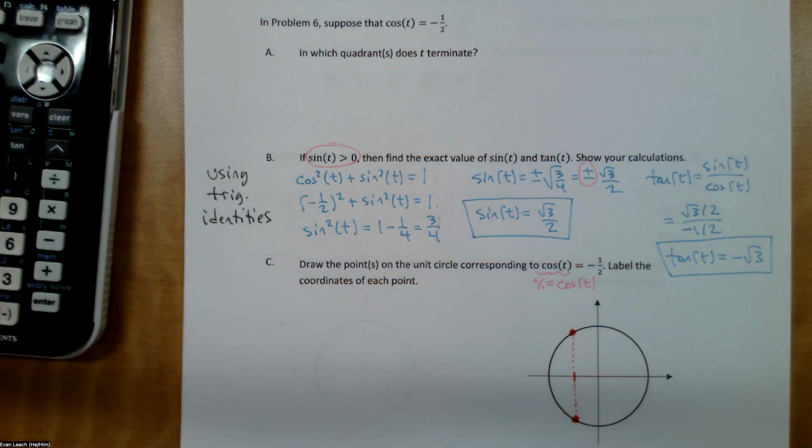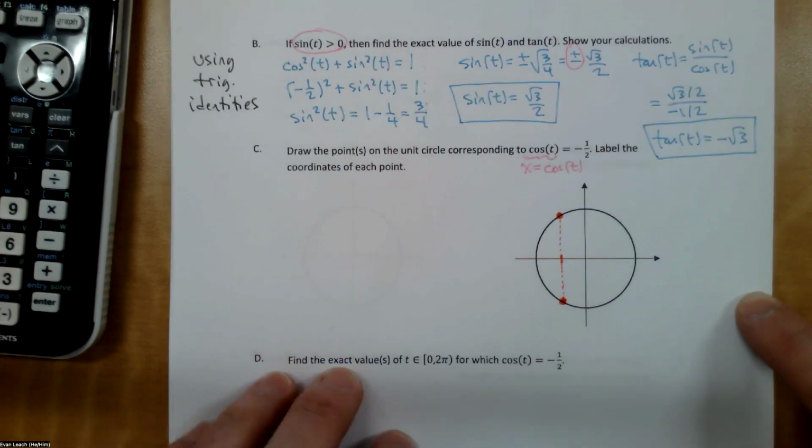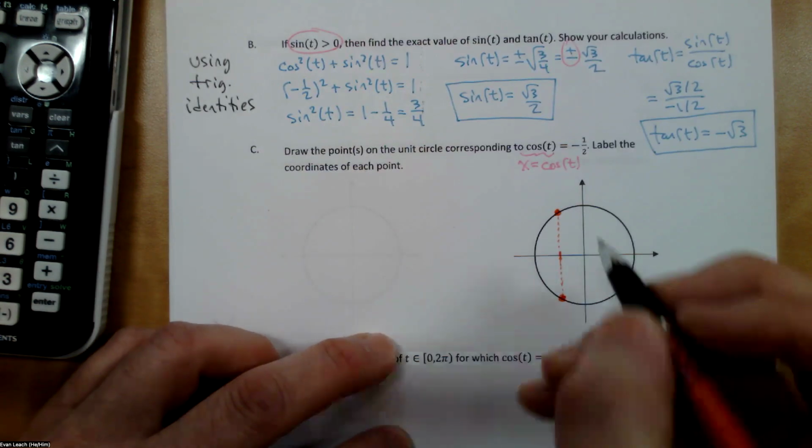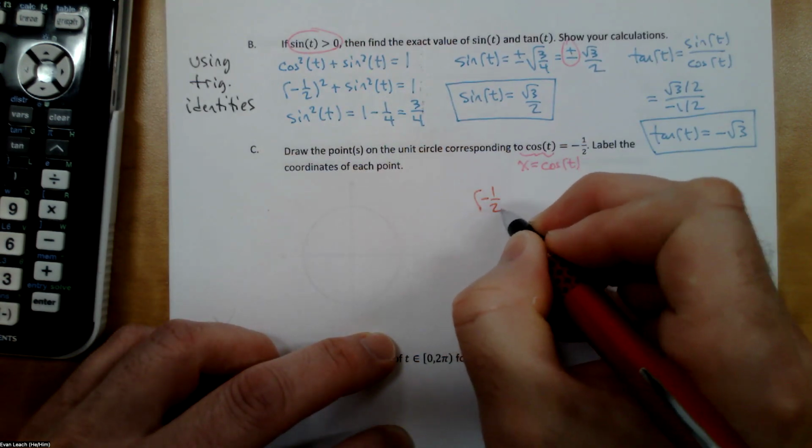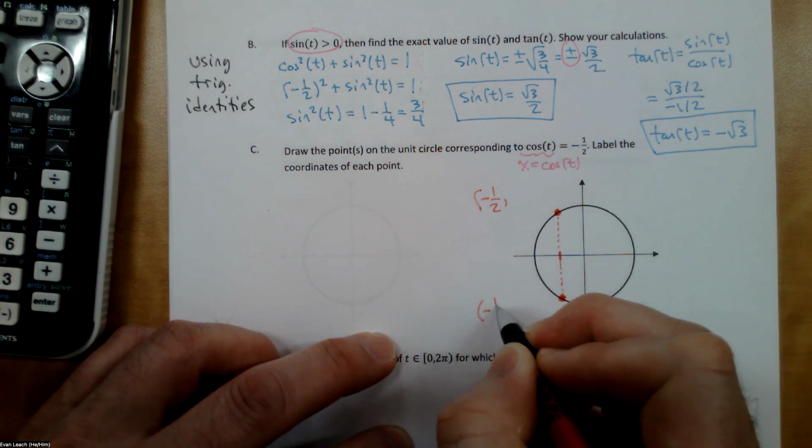We want to label the coordinates of each point. The x coordinate is cosine and the y coordinate is the sine. So the coordinates up here, x is -1/2. That's for both points.